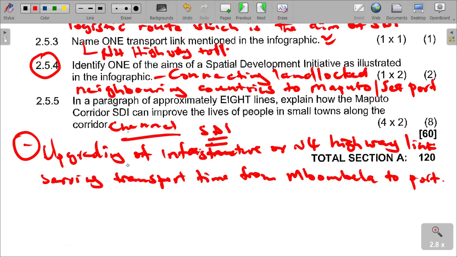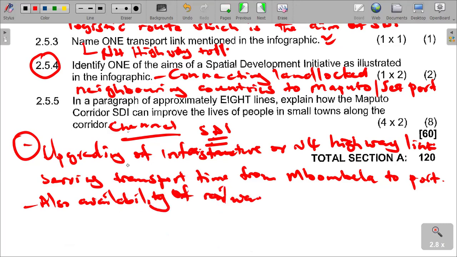In the Komatipoort. We are also saying the availability of railway sidings. These railway sidings that we are talking about are in what?